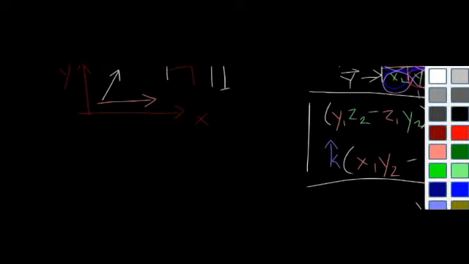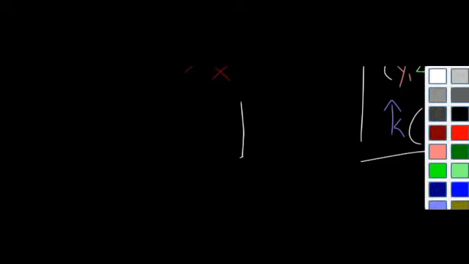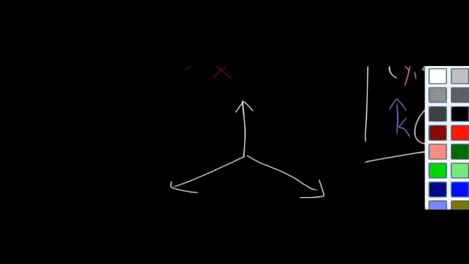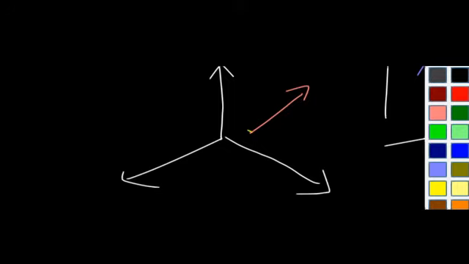Let's draw a three-dimensional space instead of a two-dimensional plane, and show that you can indeed get the perpendicular line to a plane. So let's draw an arbitrary vector, and vector yellow.